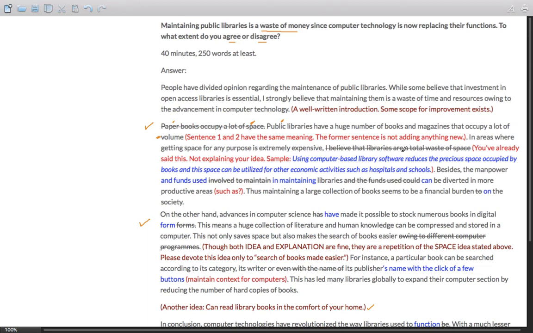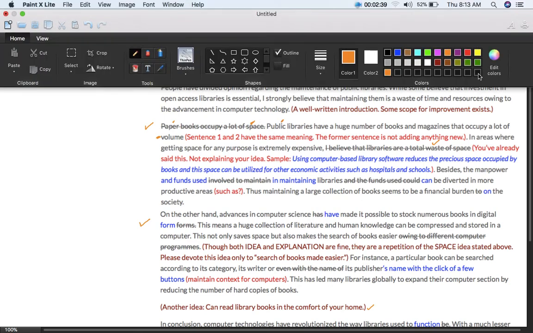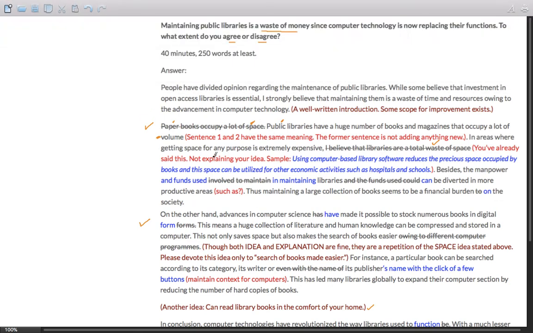Moreover, student goes on to repeat the same idea again. I believe that libraries are a total waste of space, which is again the repetition of ideas above. Instead of that, the student should have focused on the extremely expensive real estate that can be utilized for something else. This is proper explanation of the idea.